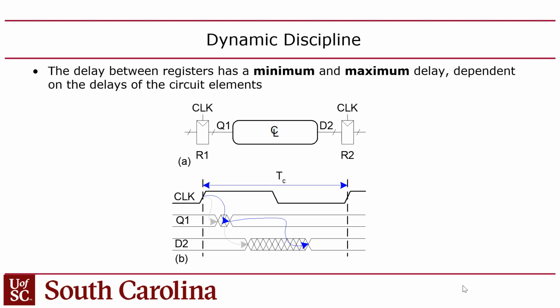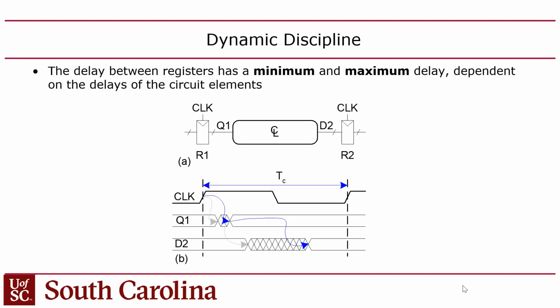So the idea is that when you synthesize the logic onto your FPGA or your ASIC, you want to obey the dynamic discipline, which means that you don't want any metastability to happen, and so you want to guarantee that the input to all your flip-flops is stable during the aperture time. So how do you know that's going to be the case? Well, you have to do a timing analysis or timing closure on the circuit.